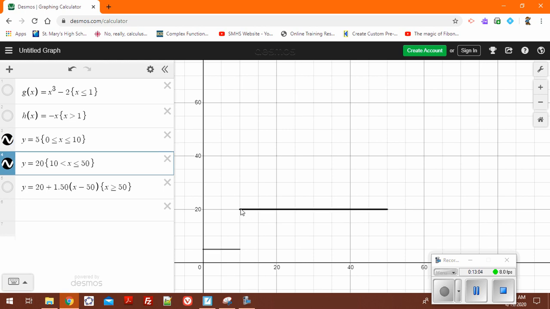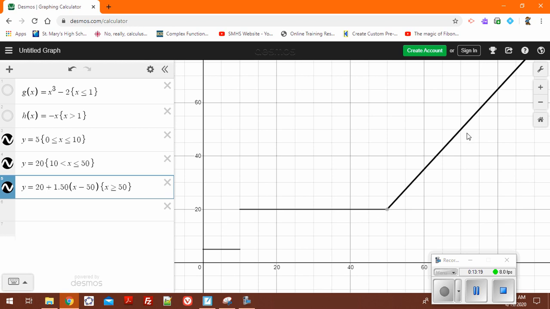Now it's 20, but it stays that way all the way to 50. After that, we start paying $1.50 per additional gigabyte. So now my cost just flies off there. So that's what my graph looks like, broken up into pieces like that.